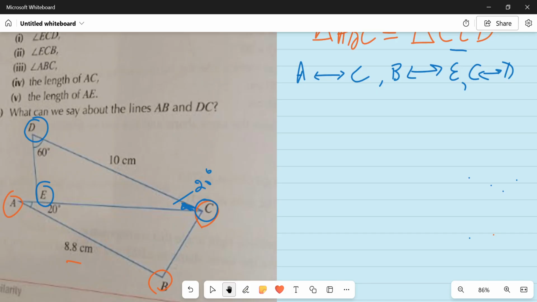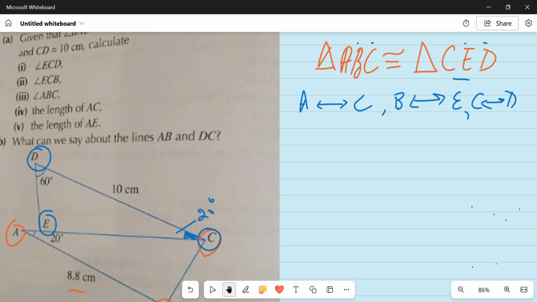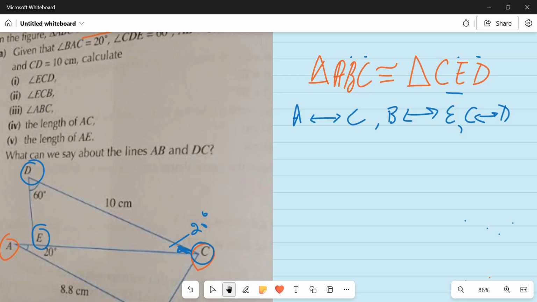Now the second one is asking to calculate angle ECB.